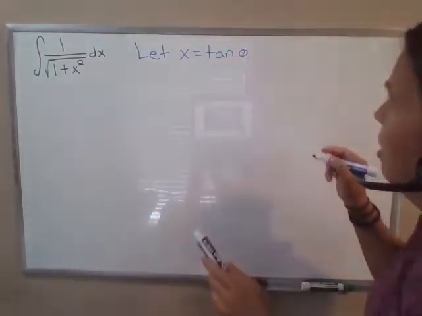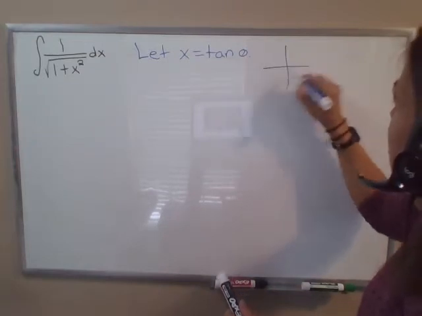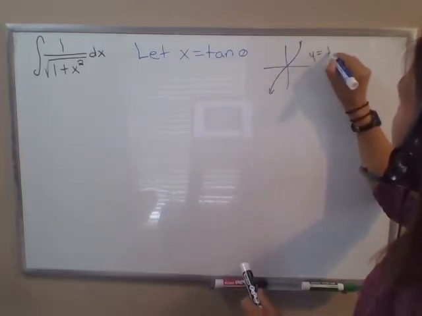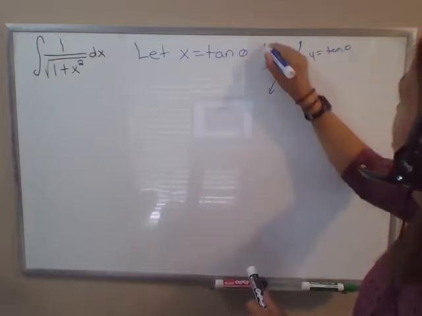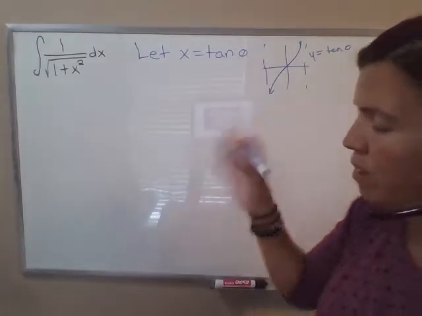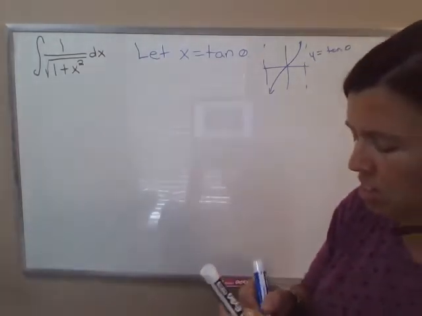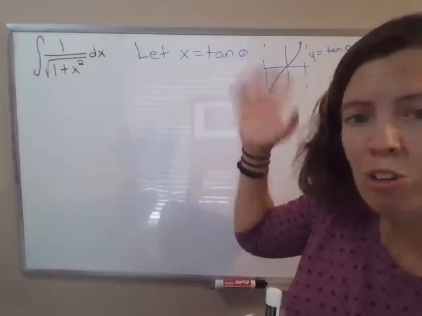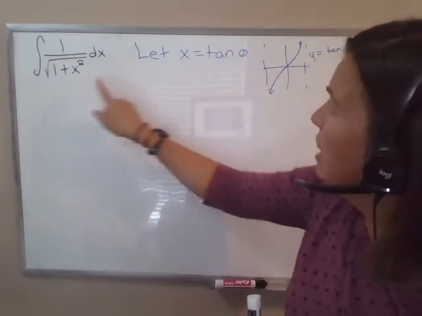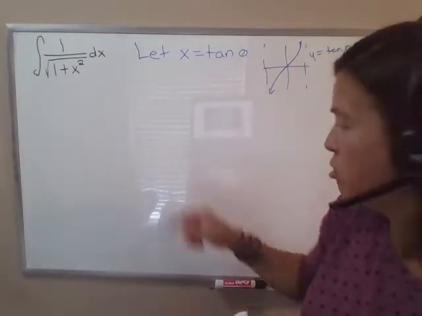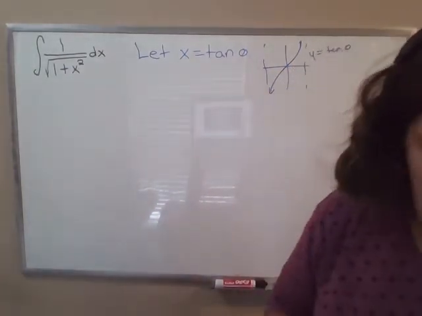If you recall, the range of the tangent graph looks like this. Tangent also takes on all real values. So that's one thing you want to be careful about. It's kind of happening in the background, but because this comes out of nowhere, just so you believe me that this is legitimate, here x can be any real number, here tangent theta can be any real number. So this substitution is legitimate here.